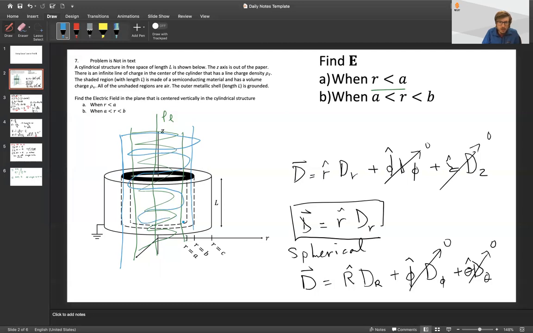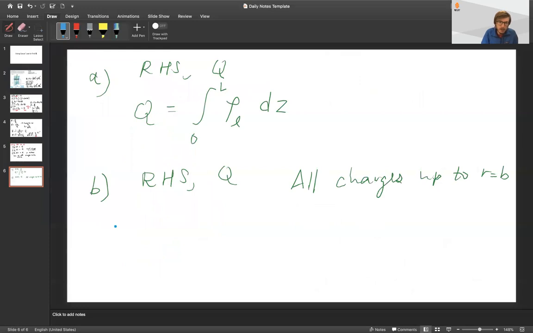So all of the charges in the blue area: Q total is going to be equal to the charges on the line plus the charge in the volume.